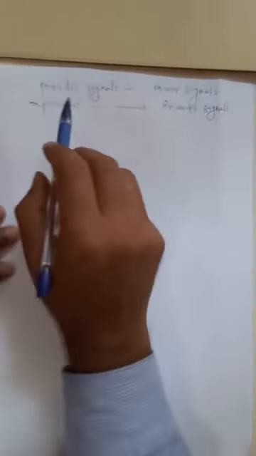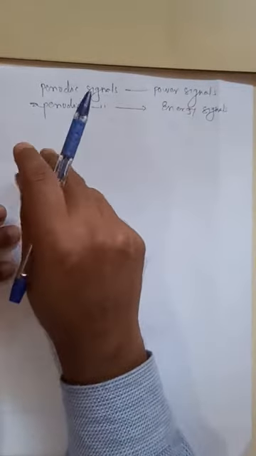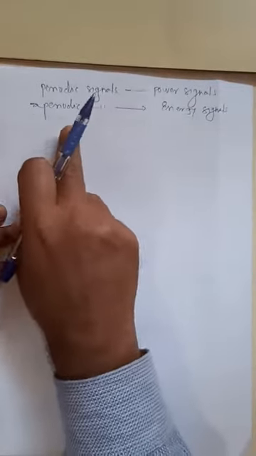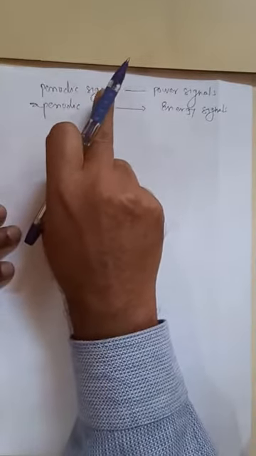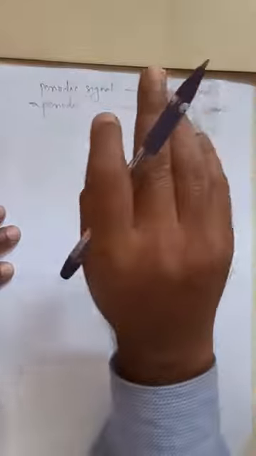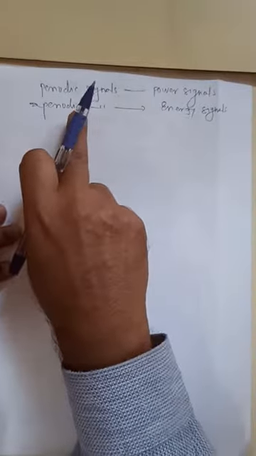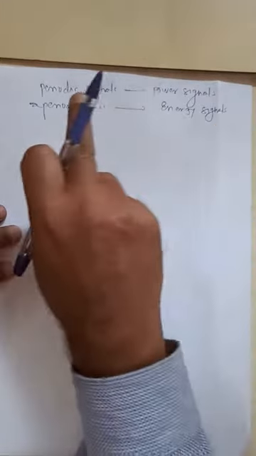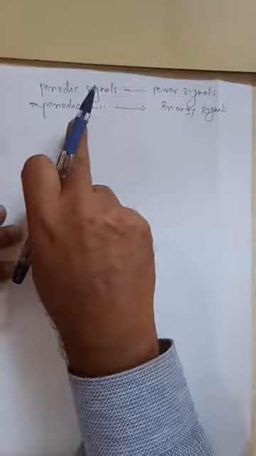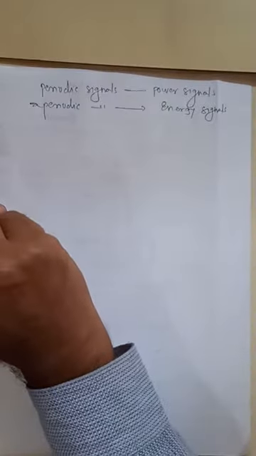So aperiodic signals are very well represented using the Fourier transform, whereas periodic signals are very well represented using the Fourier series. All the power signals are periodic signals.